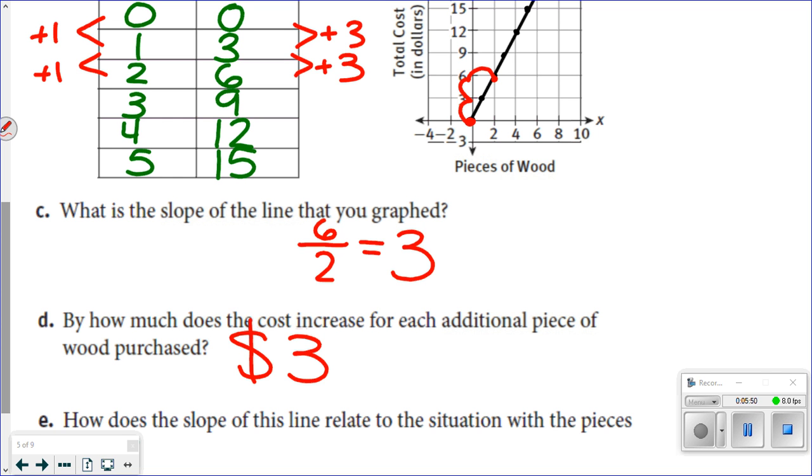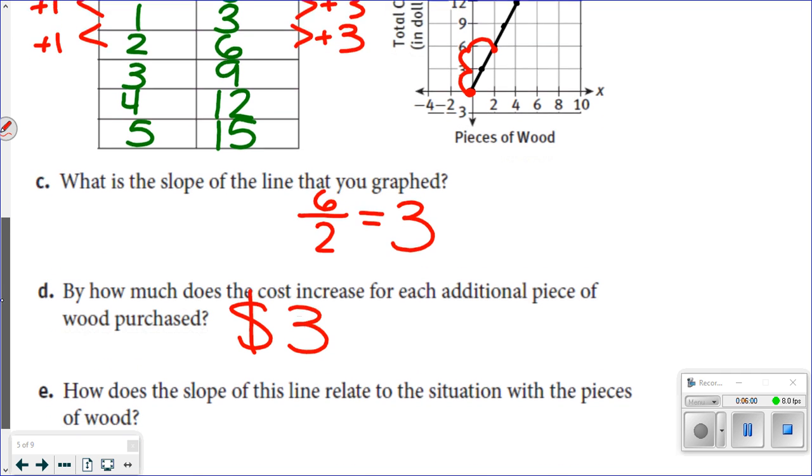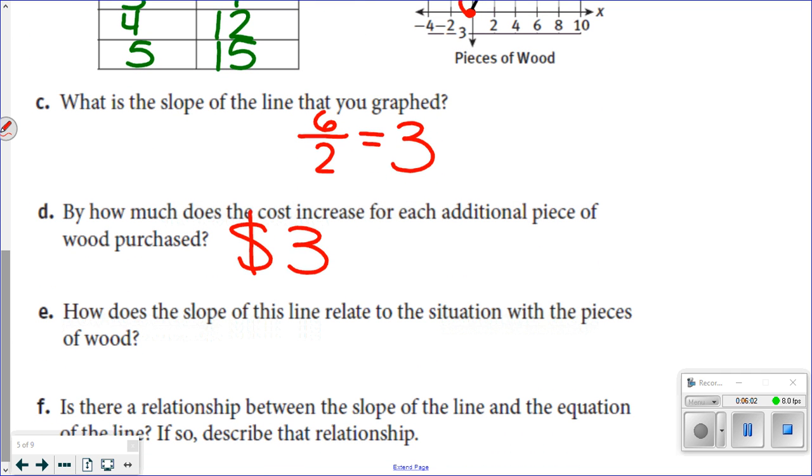Go ahead and turn your page to 129. Look at questions C and D. Our answer is 3 for both of these. So question E, how does the slope of the line relate to this situation with the pieces of the wood?